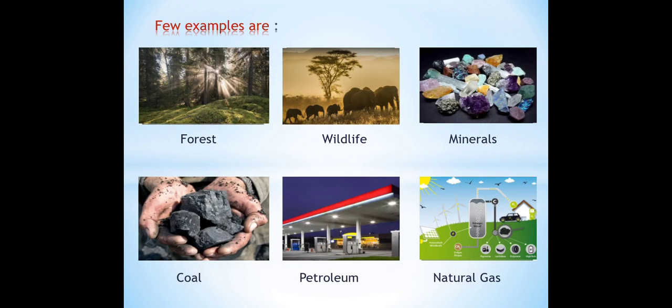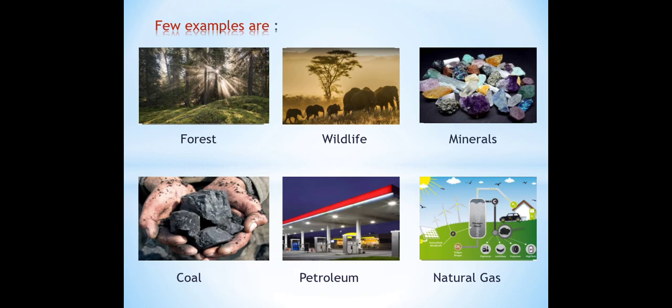A few examples of exhaustible natural resources are forests. We know that forests are limited, and if we keep on cutting them, the day will come when there will be no forest in future. So we should not cut trees and such things.